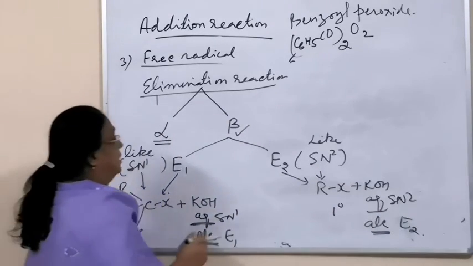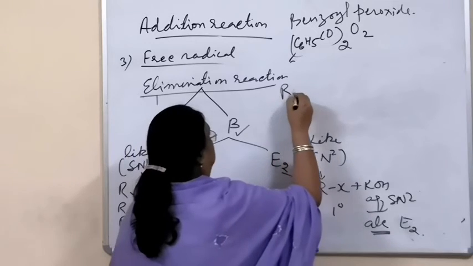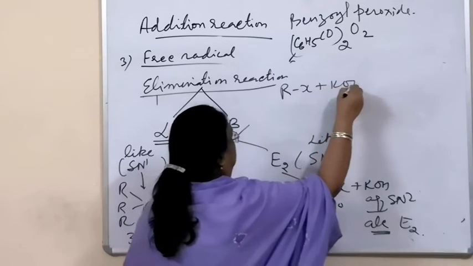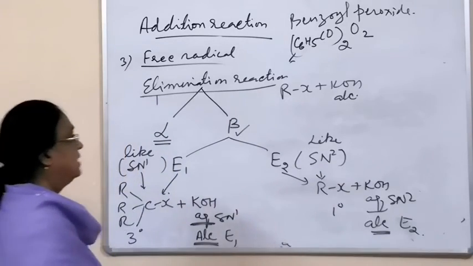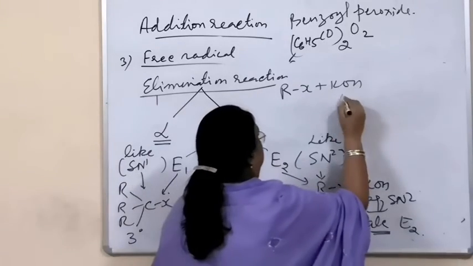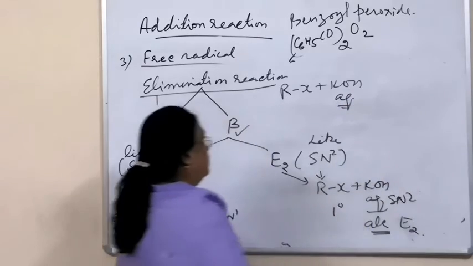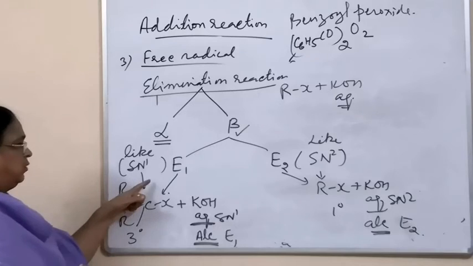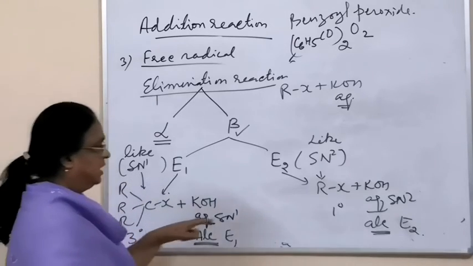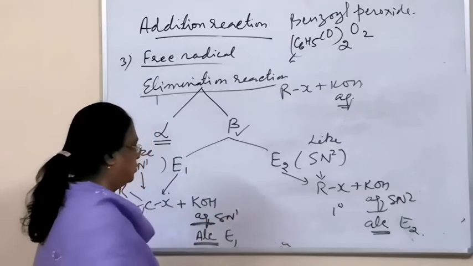Through this you can decide the reaction. If it is given RX plus alcoholic KOH, then the reaction will be elimination. And if it is given aqueous, then the reaction will be substitution. Tertiary, if it is there, then E1, and if it is primary, then it is E2.